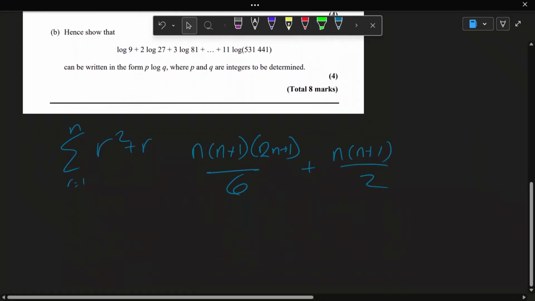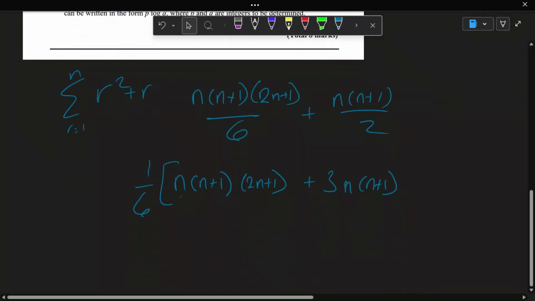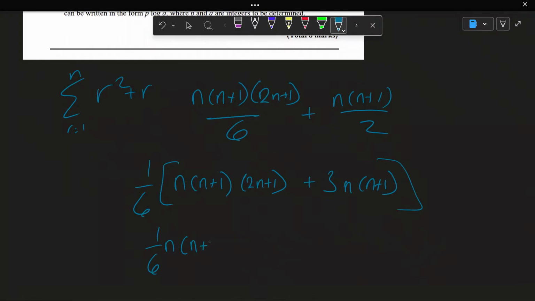Now we can factorize a lot of things. First, to get everything as integers, factorize out 1/6. That gives us n(n plus 1)(2n plus 1), then times everything here by 3, plus 3n(n plus 1). We can factorize out n and n plus 1 here as well.